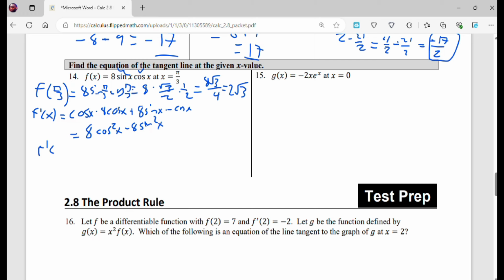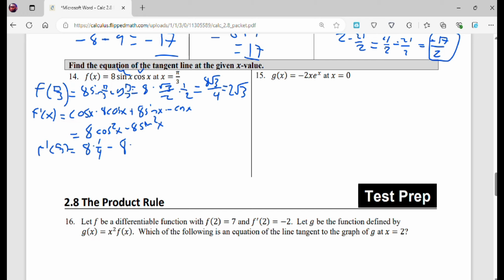f prime of pi over 3. We know that cosine of pi over 3 is 1/2, and all we're doing is raising that to the second power. So squaring 1/2, you get 1/4, minus 8 times sine of pi over 3, which is square root of 3 over 2.